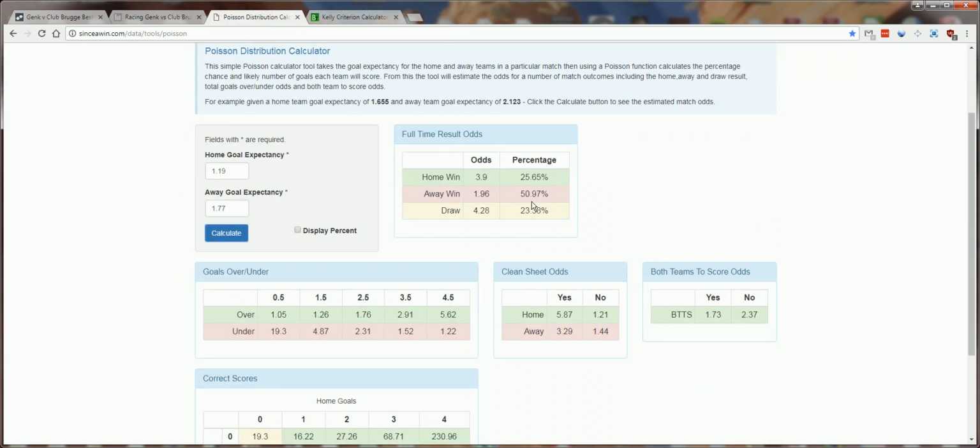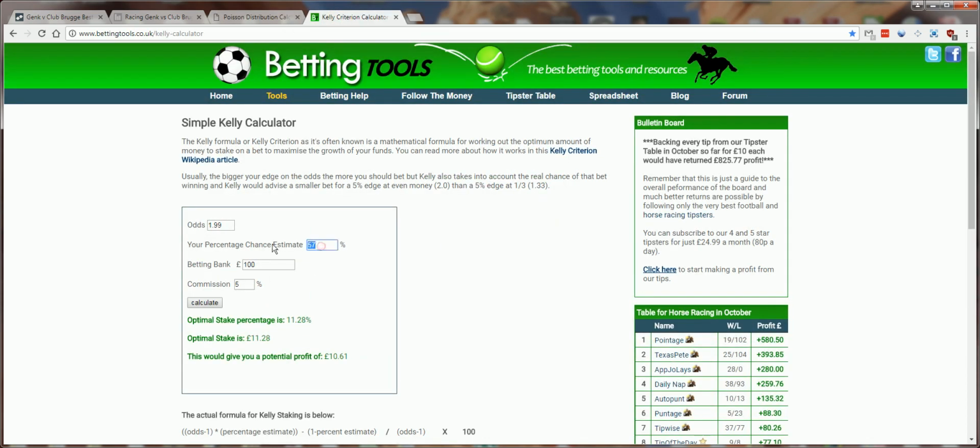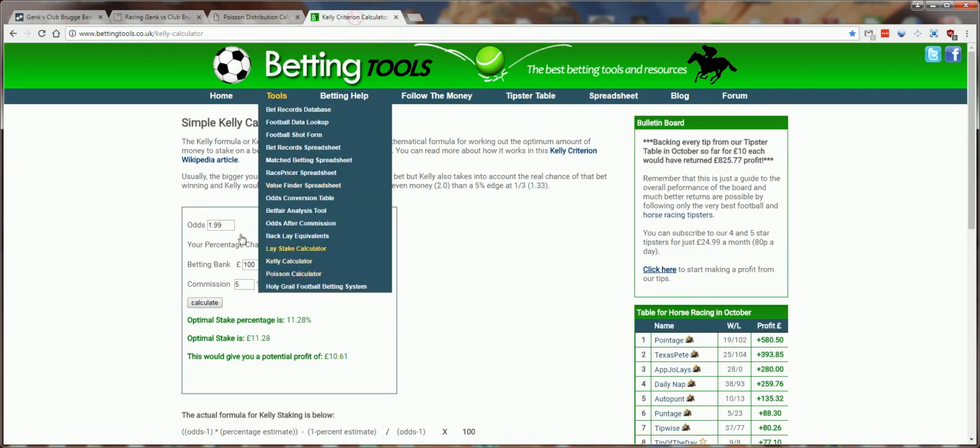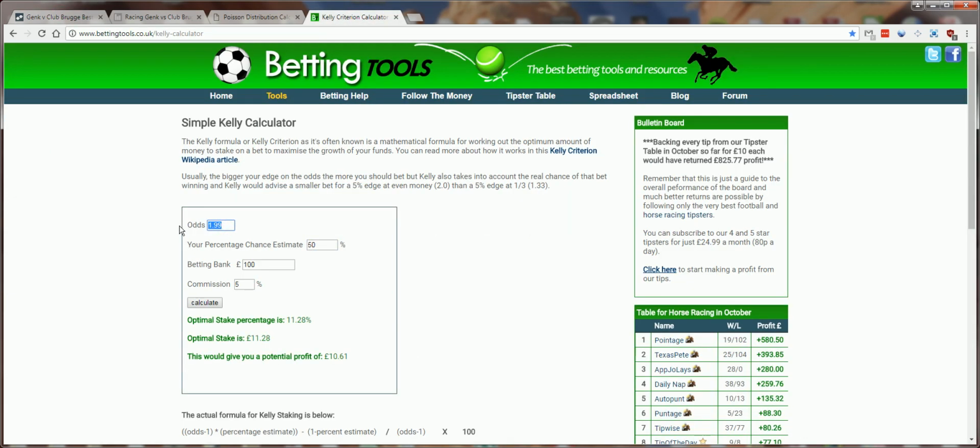So let's just put this in so we make the chances of them winning the game, Club Bruges, 50%. And Betfair says there are 3.1 goals, so we put 3.1. And we've got a 25% chance value bet there, which I quite like.